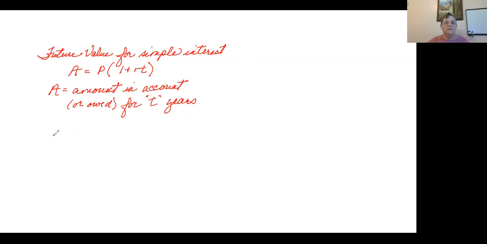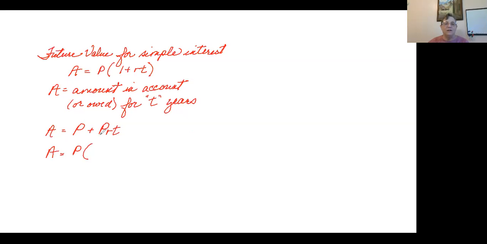Notice that we already determined that the interest was going to be the principal times rate times time. So of course, if you borrow money, you have to pay the principal back, plus you have to pay the interest back, which is principal times rate times time. And what they normally do, rather than having to use the larger number P multiple times, is they factor the P out of this.